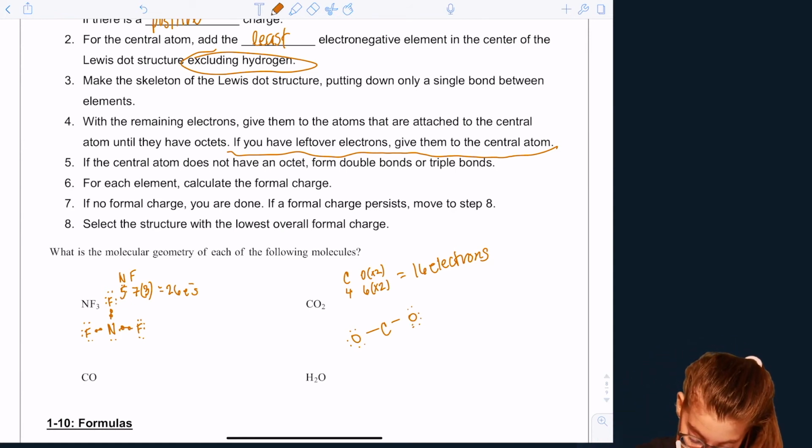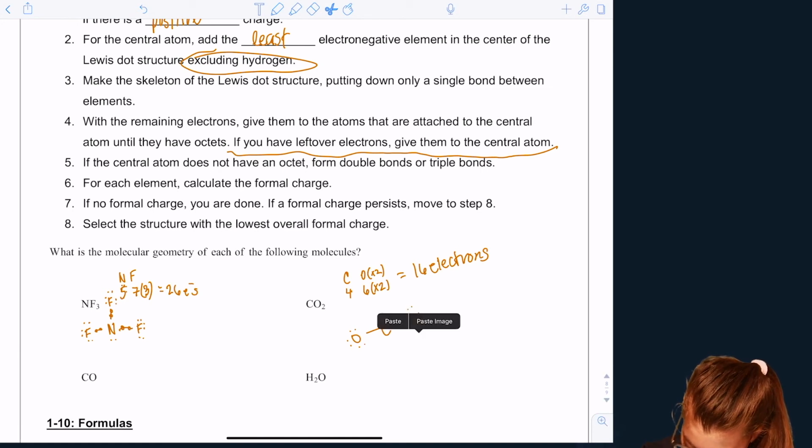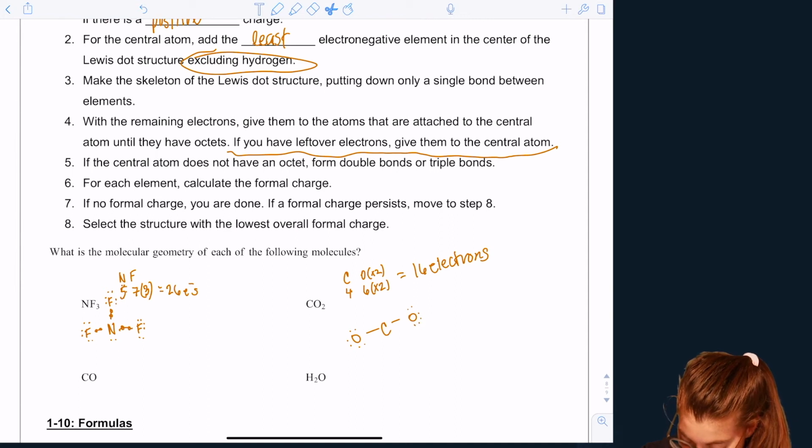So we're going to take these 2 electrons and remove them as a lone pair and put them in to form a pi bond between the oxygen and the carbon.